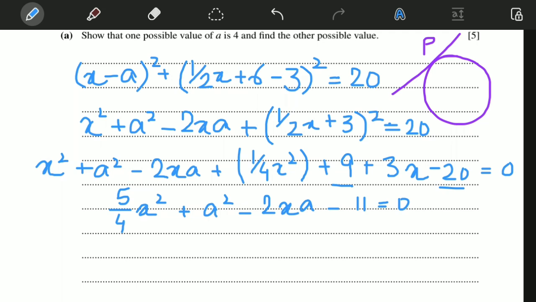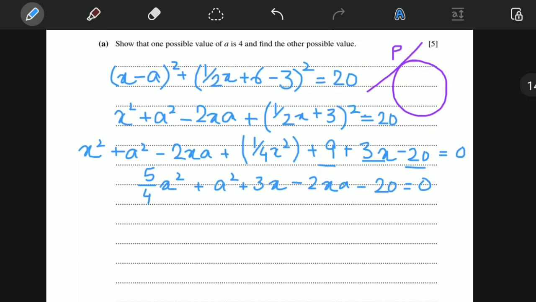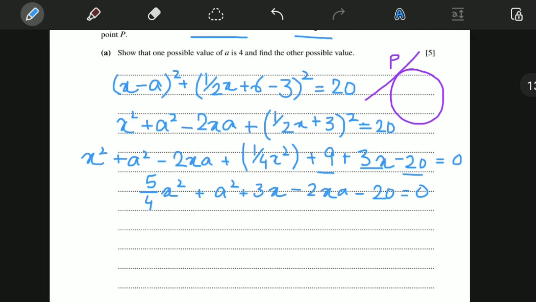So here it will be plus 3x as well, minus 2xa minus 20. Sorry, I said that it would be an equation in a, but it is going to be a quadratic equation in x.